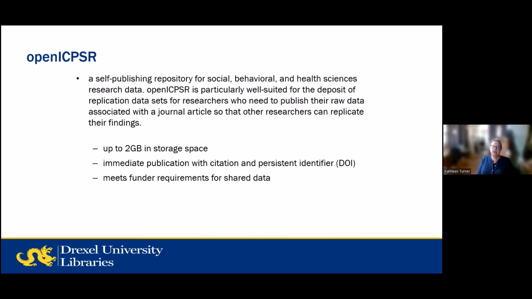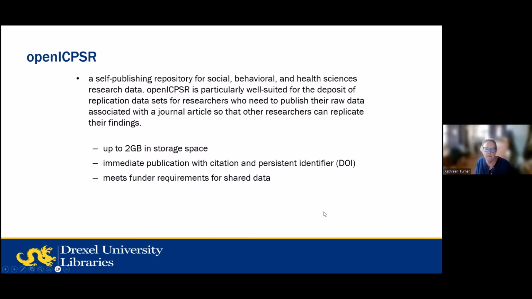The Open ICPSR option is basically a self-publishing repository. It's well suited for replication data sets, for researchers who need to publish their raw data, especially if they need to get it published quickly in association with a journal article.